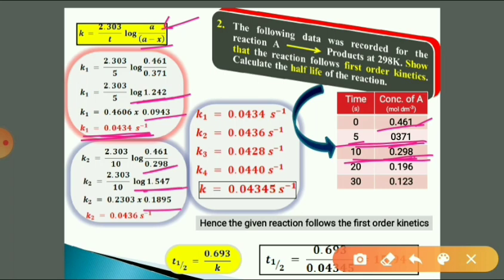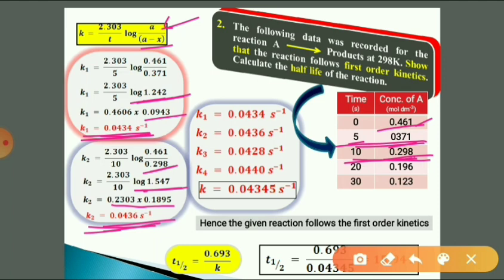After multiplying these two factors, 0.2303 into 0.1895, you will get 0.0436 per second. So this is the value of k2 for set 2.